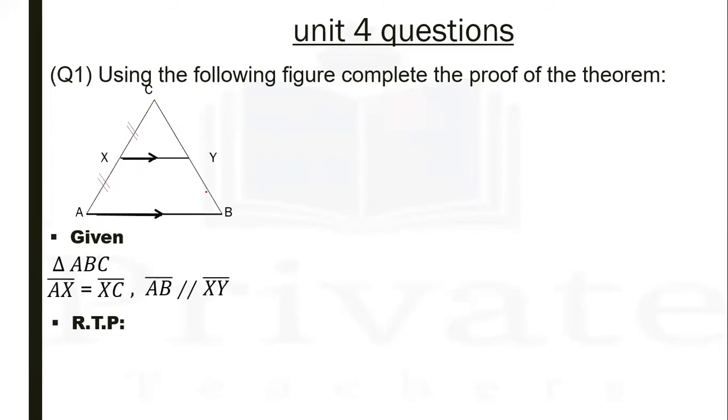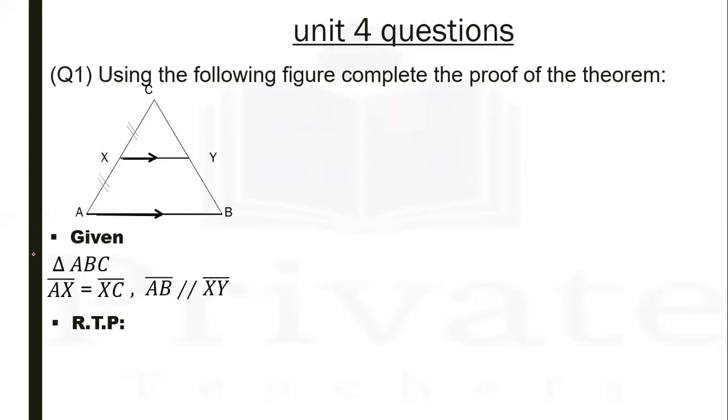Because theorem 2 says the line which is drawn from a midpoint of a side of a triangle parallel to another side of it bisects the third side.